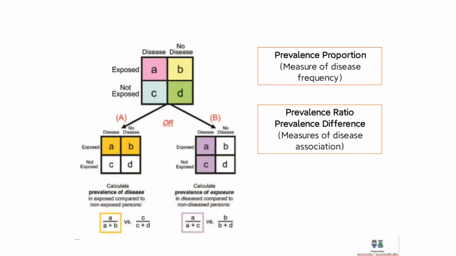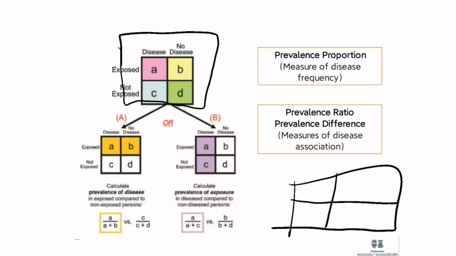Now, prepare your calculators na. No? So, this will be our measure of disease frequency at saka yung measure of disease association. So, we have the prevalence proportion, okay, and then the prevalence ratio, saka yung prevalence difference. So, take note that para mapadali or for you to have an easy computation or di ka malito, ganito lang ang lagi nyong gagawin. So, you have a table, no?